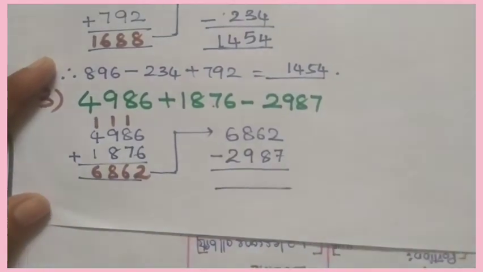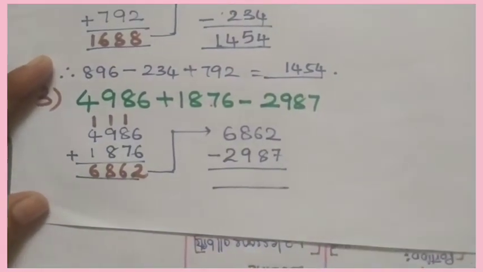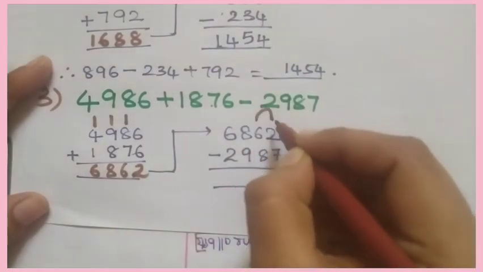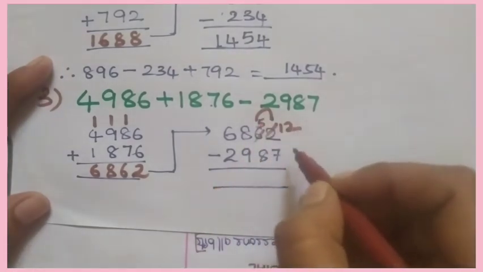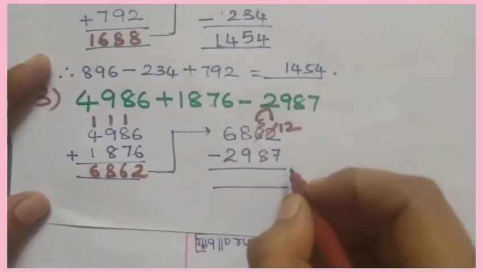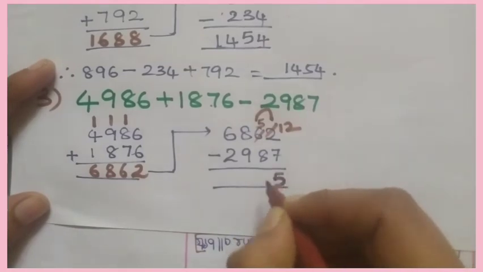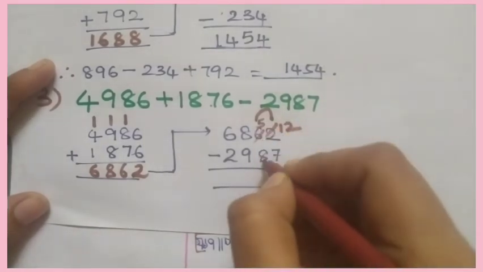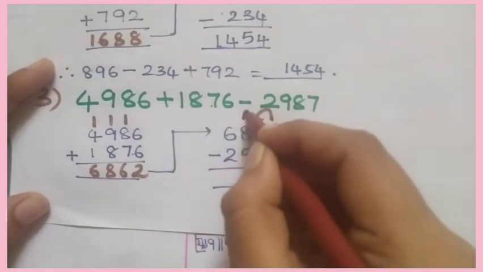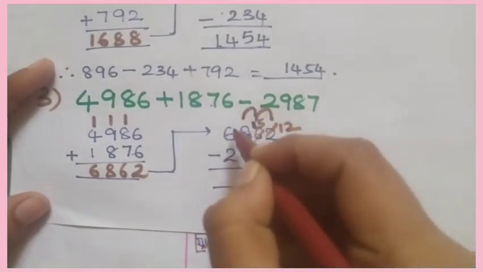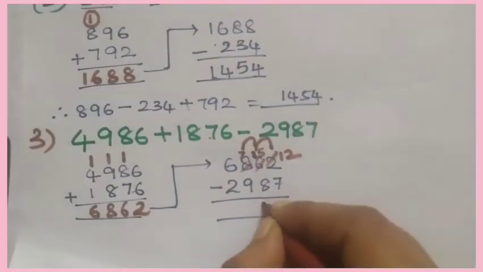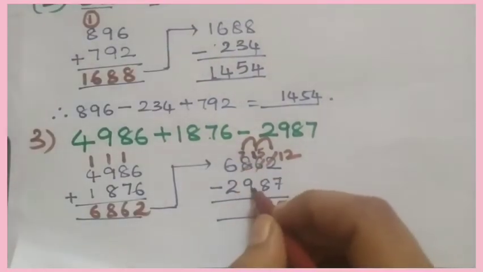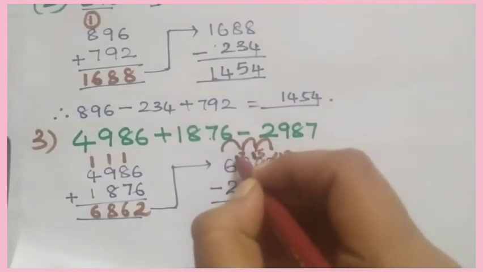Now 2 minus 7, we can't do, so take borrow, it will be 12. This 6 will become 5. 12 minus 7 is 5. Now from 5 we can subtract 8. No, so take borrow, it will be 15. Here it will be 7. 15 minus 8 is 7. Now 7 minus 9. No, we can't do, so take borrow, it will be 17.